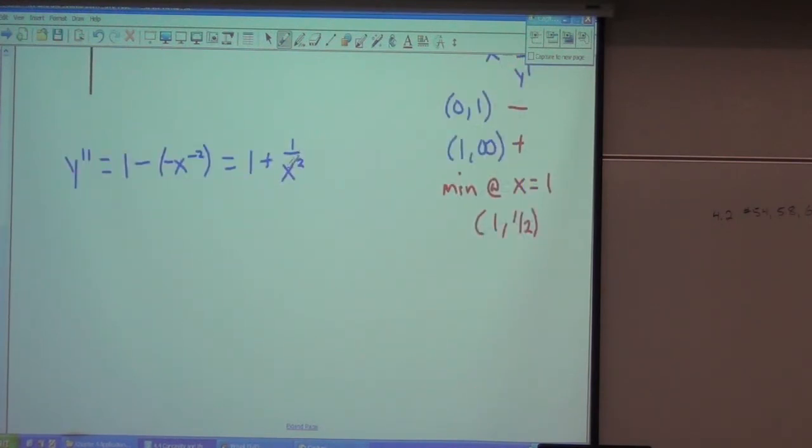Undefined when x is 0, but we're only dealing with x greater than 0. If we set this equal to 0, I don't think there's ever a solution. 1 plus 1 over x squared can never equal 0, because x squared is always positive. So this has no solution. But if the second derivative is 1 plus 1 over x squared, that's always greater than 0. Any number we put in for x that's greater than 0, that tells us this graph is always concave up.